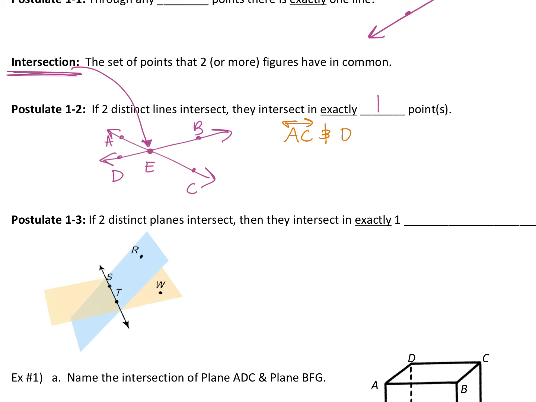DB, line DB, or BD, or DE, or BE, right? Those 2 lines intersect at what? Point E, right? They meet at 1 point, exactly. So at point E. That's an intersection. So 2 lines will always meet at 1 point.